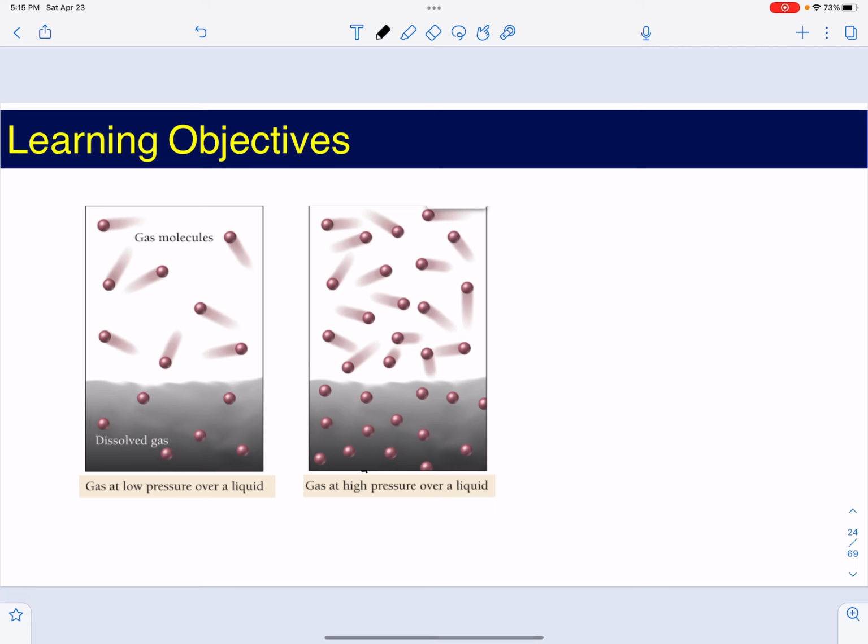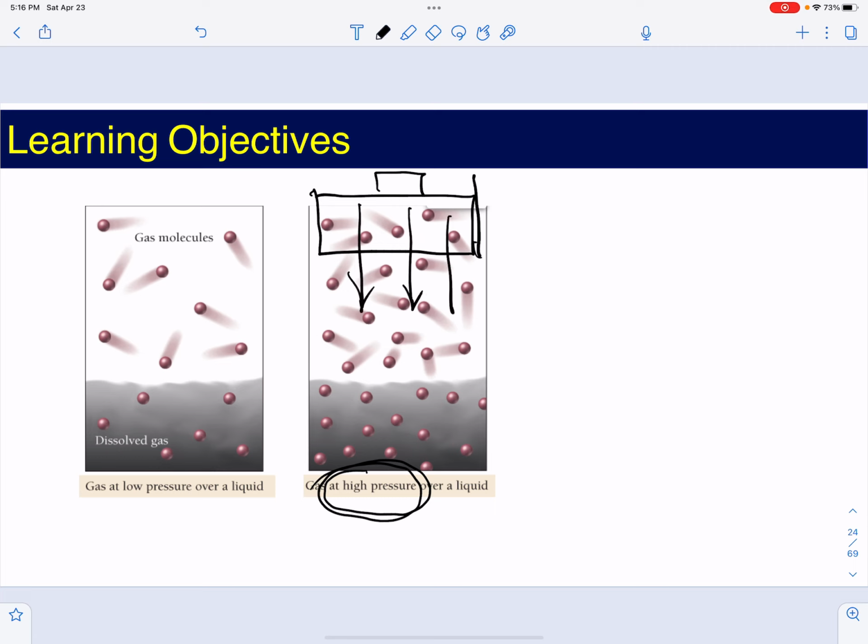However, one way to prevent that is by putting pressure, because if let's say I put a piston in here and I move it down, it's going to bring these molecules closer and closer to the water. They're going to be more concentrated now. They're going to collide more often with the water, and they're going to become part of the solution.